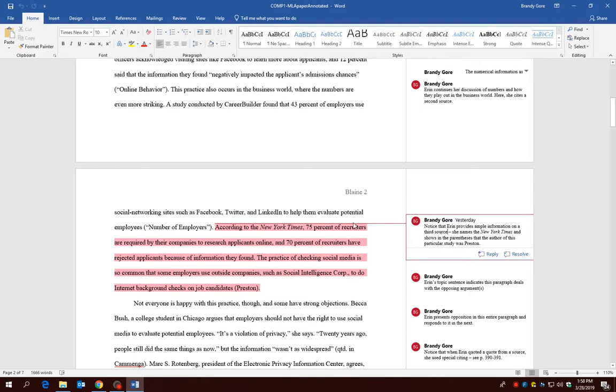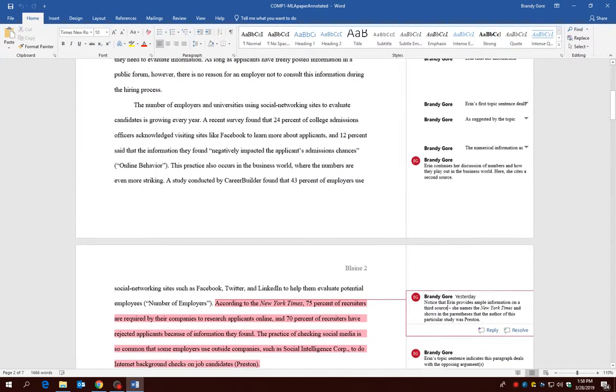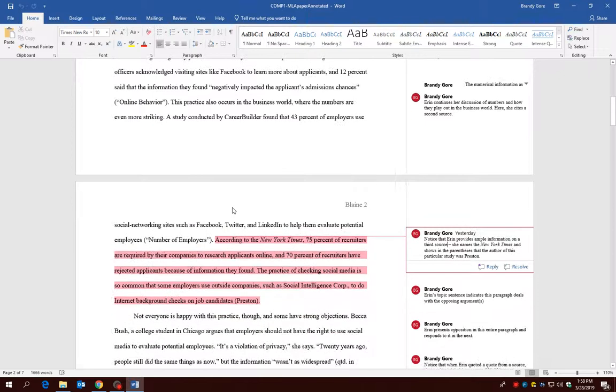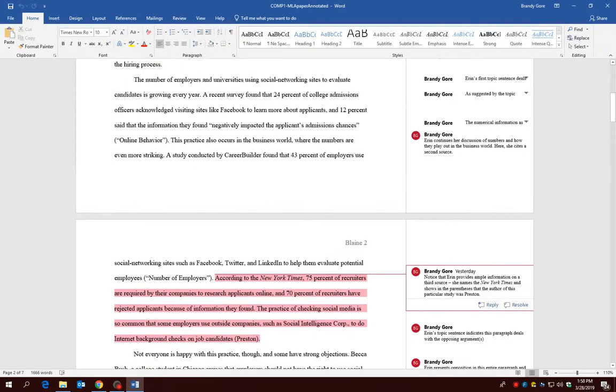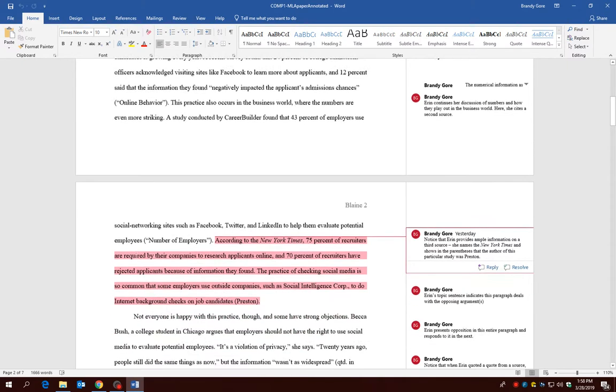She further presents more numbers, and then she ends with the citation of the author. So I can easily assume that when I go down to the works cited page, I can look for P and find Preston and note that this particular article came from the New York Times. So this entire paragraph really just dealt with some information. It's almost like background information because she's pointing out with numbers that this is a concern now.